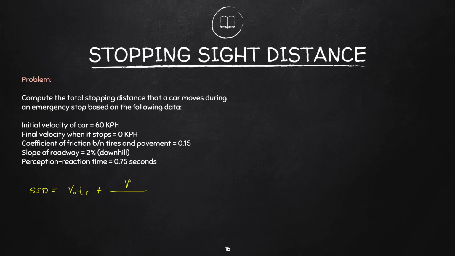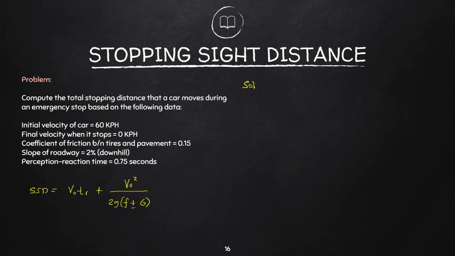That should be V₀ squared over 2g times the friction coefficient plus or minus the grade or the slope. Okay, and since that is downhill, we will use negative slope. So let's just incorporate it here.